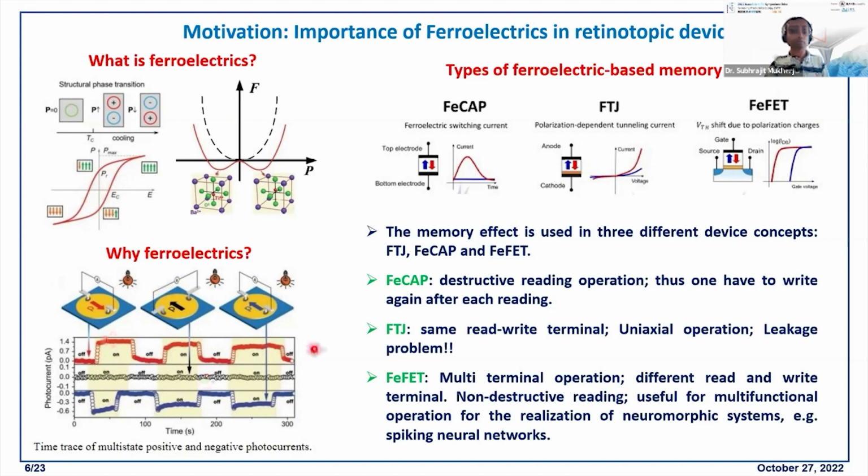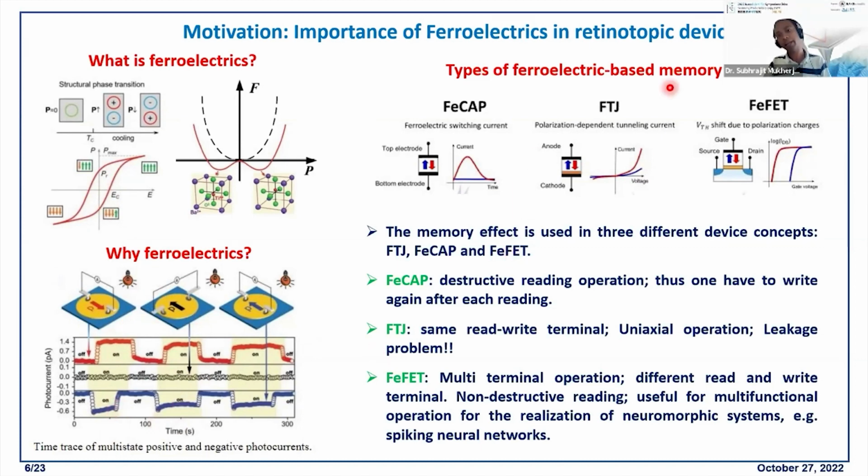Using this inbuilt ferroelectric field, you can have different orders of optical signals. In this example, if the dipoles are aligned in the left direction, you have a positive photocurrent, and if aligned to the right direction, you have a negative photocurrent.